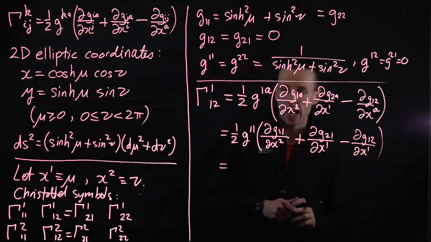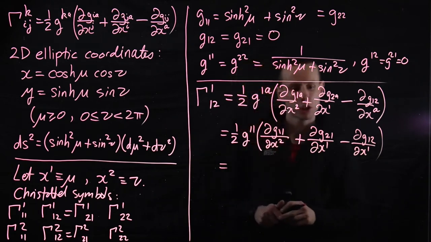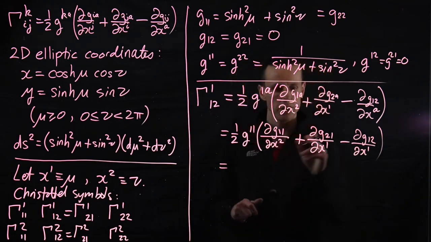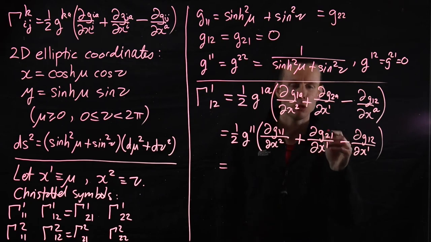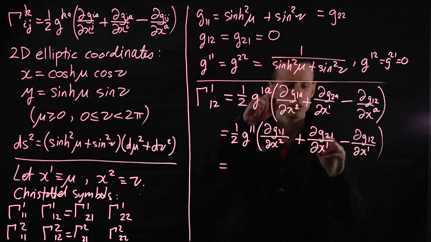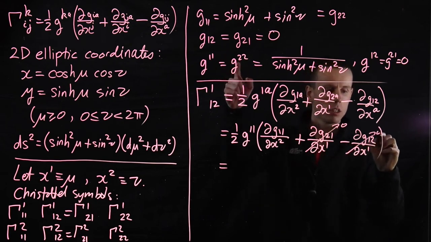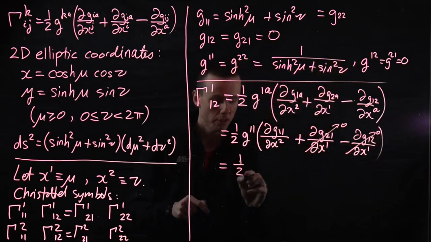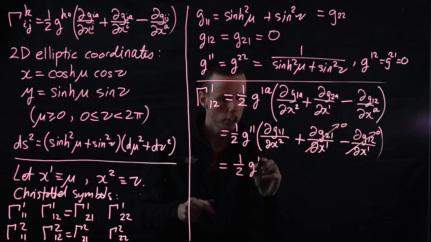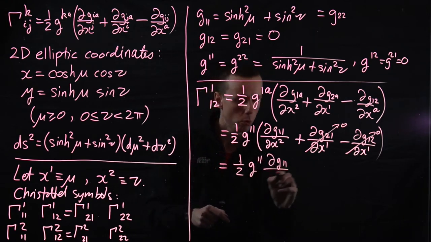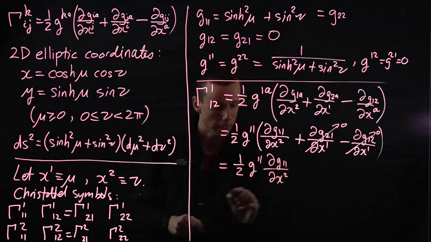And in fact, if we look carefully, we have even more stuff that becomes 0, because look at this term. Look here, g21, that's 0. So that term's gone. And look here, g12, that's 0. So actually, it simplifies down quite a lot.